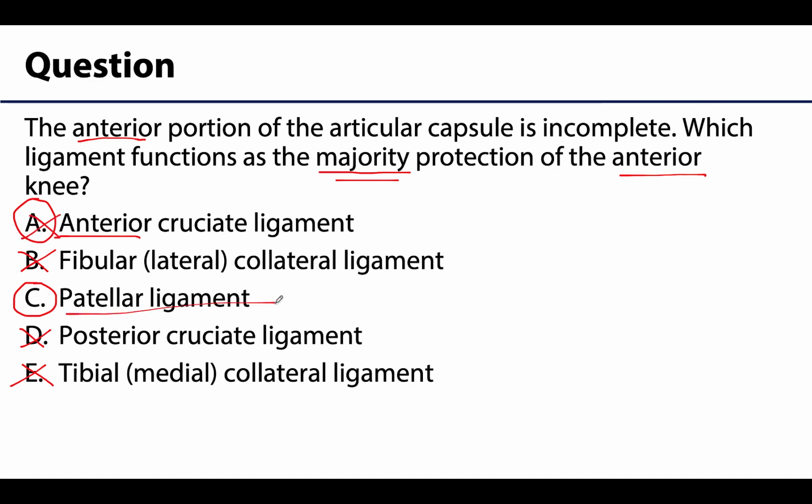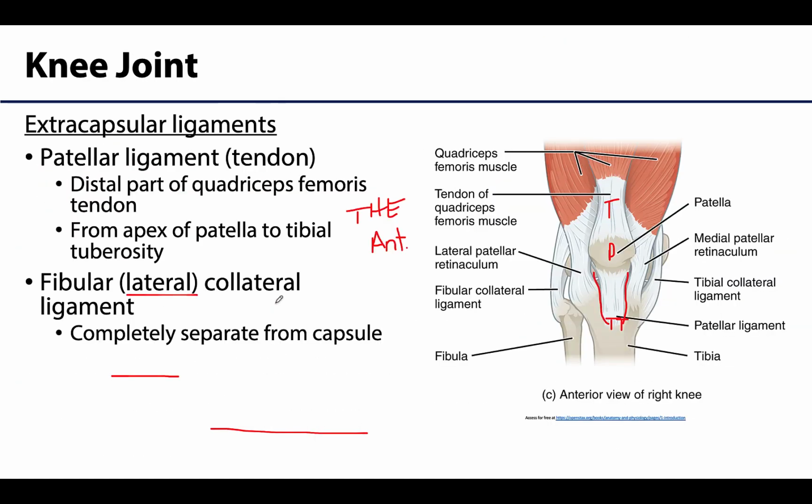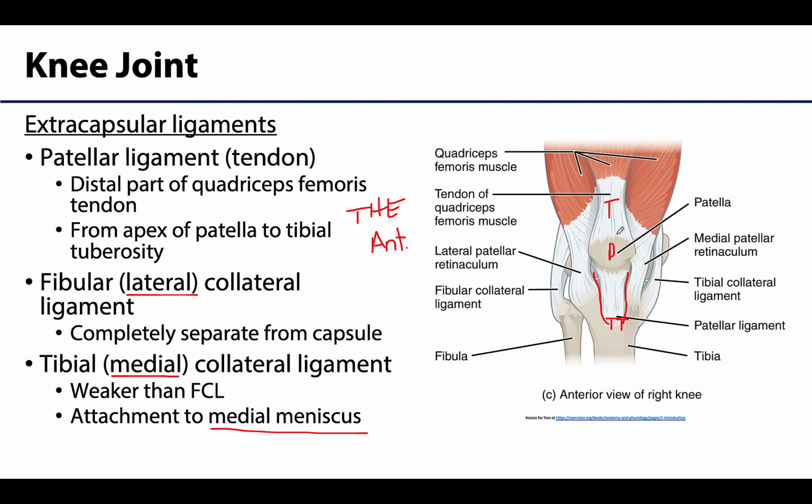I think the patellar ligament, if we return back to that image, is really going to play an important role in addition to the tendon, which is just an extension of that, and the retinacula. So basically this tendinous complex with the ligament being an important part of it is going to play a role in providing that anterior protection to the knee. It is the anterior protection.